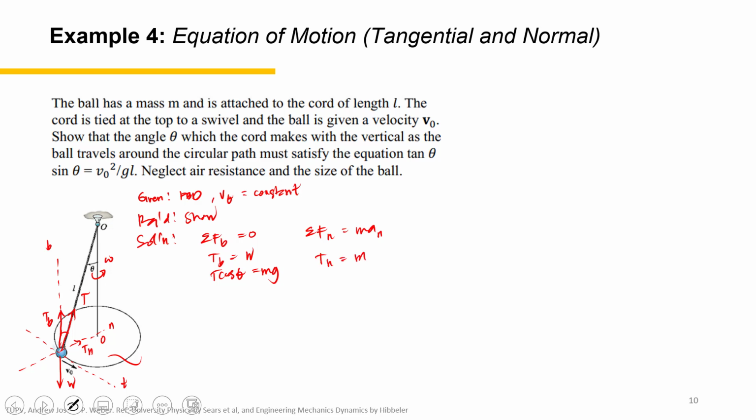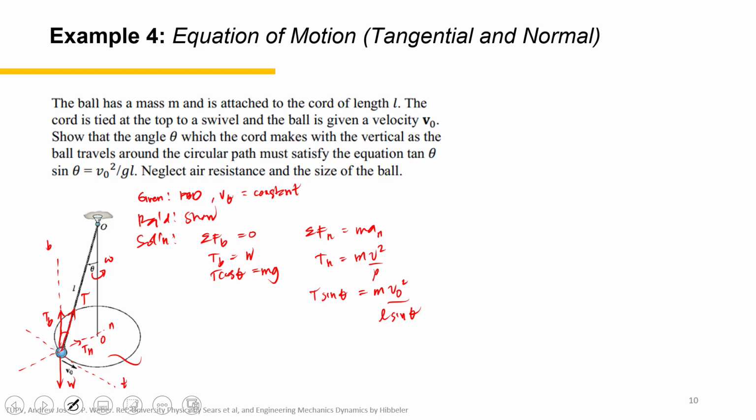Tn is equals to m, and the formula for normal acceleration is v squared divided by rho, the radius of curvature. So our Tn, that would be T sine theta, equals m v0 squared divided by the radius of curvature, which is L sine theta, correct? L times sine theta is equals to the radius of curvature.